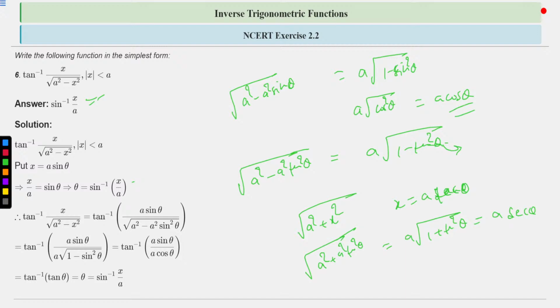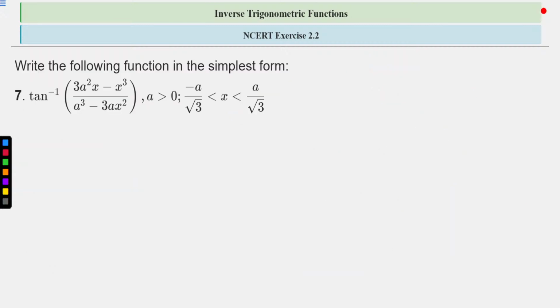Okay. So should we move to the next question? Okay, let us move to the next question. This question says write the following expression in the simplest form again.